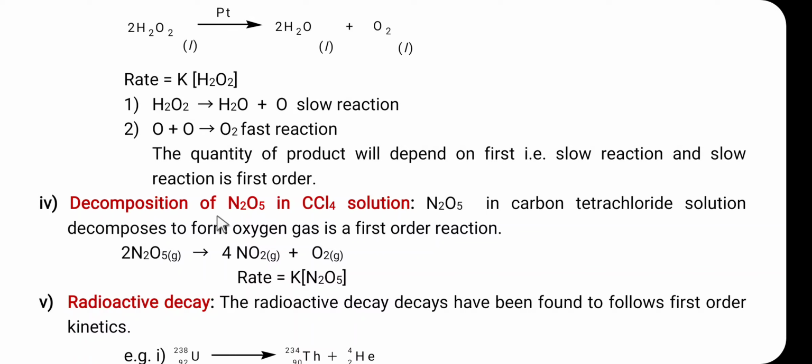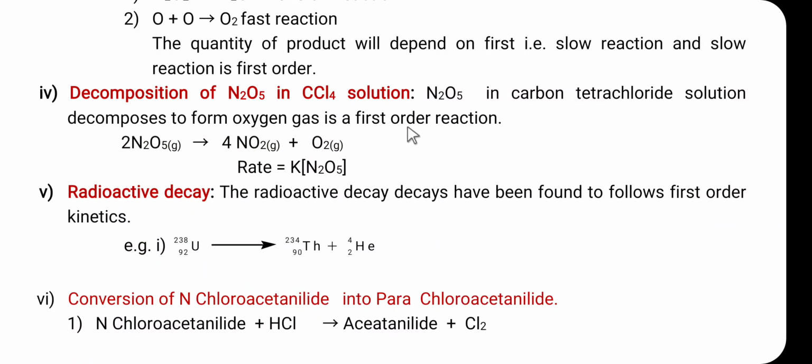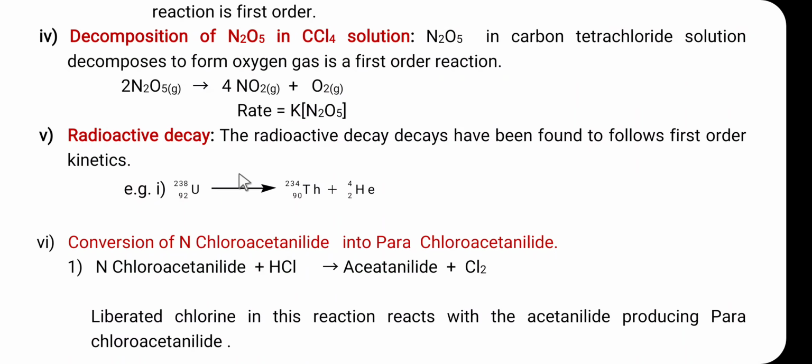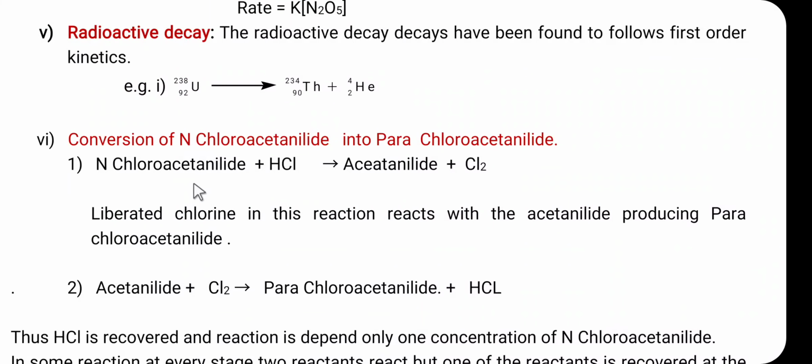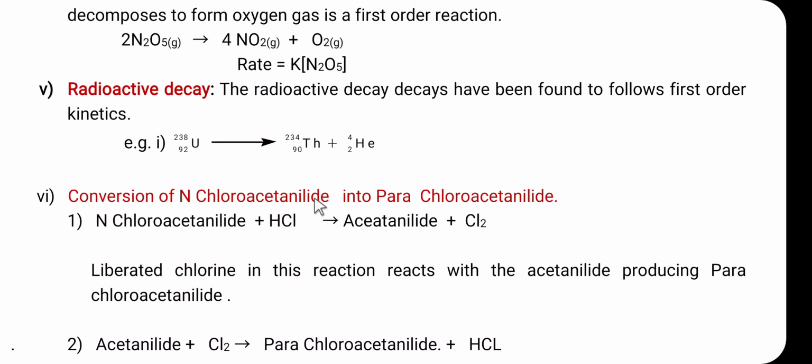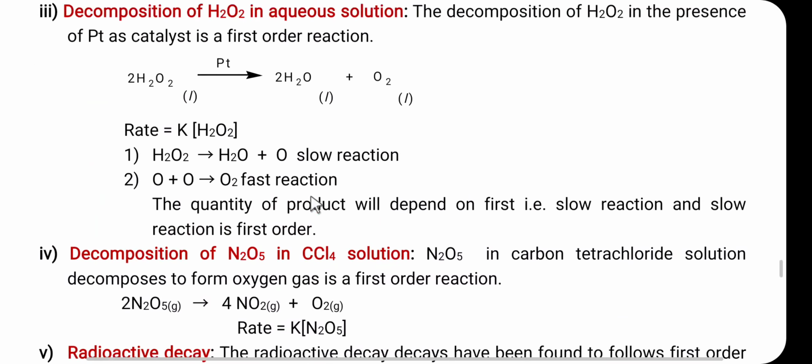Then decomposition of nitrogen pentoxide in CCl4 solution is also a first order reaction. All radioactive decays have been found to follow first order kinetics. And the last example is conversion of N-chloroacetanilide into para-chloroacetanilide, which is also a first order reaction. So, these are the 5 examples of the first order reaction.